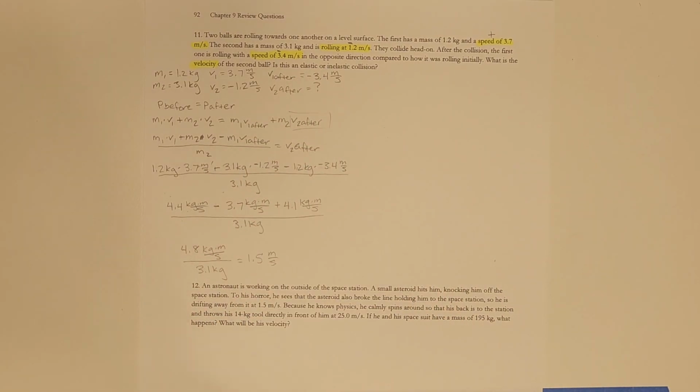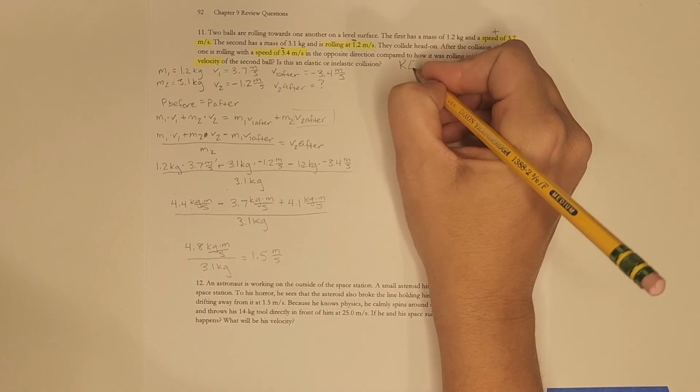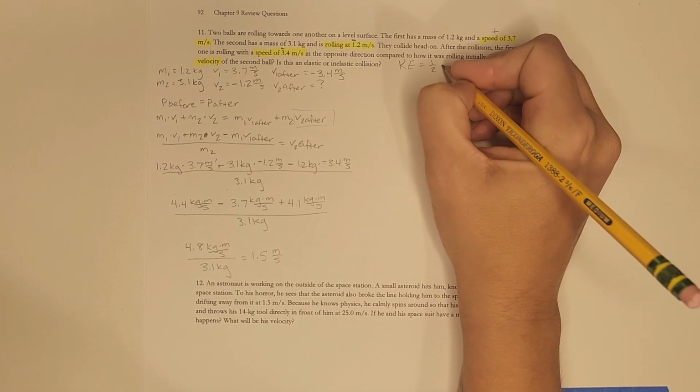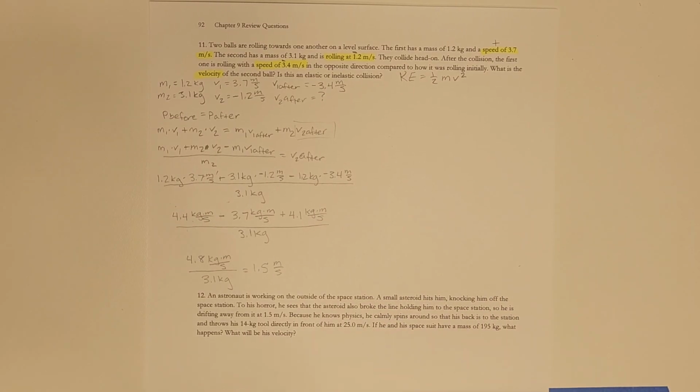So for elasticity, we are comparing the kinetic energy before and after the collision. As a reminder, kinetic energy equals 1/2 mass times velocity squared. Now, we have two balls here, so the kinetic energy is going to be the sum of the energy of those two balls, both before and after the collision.